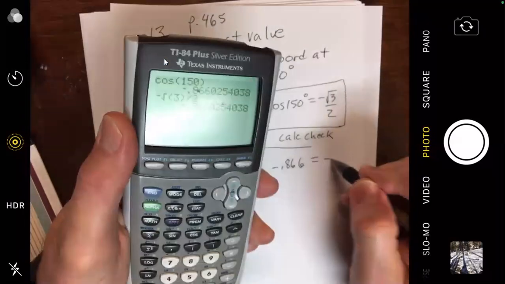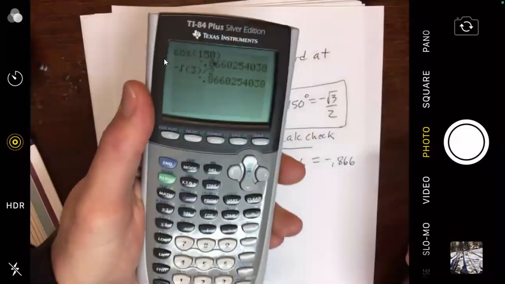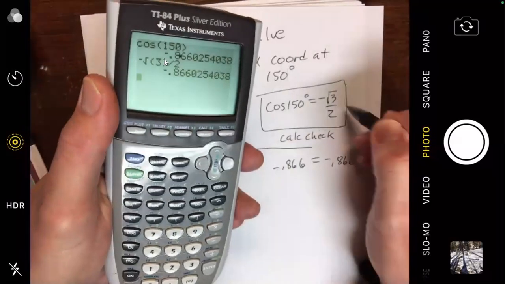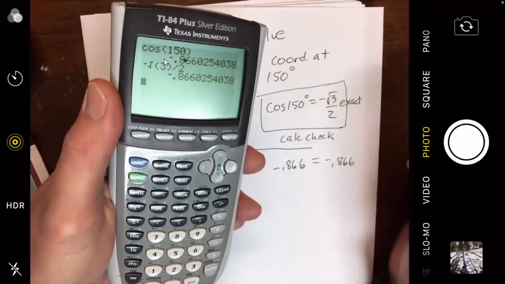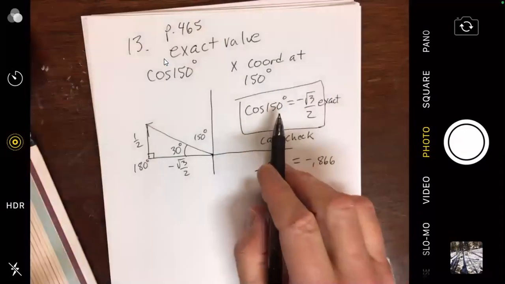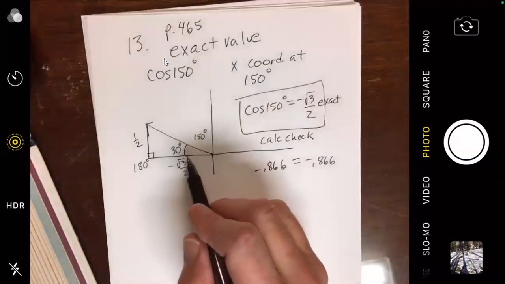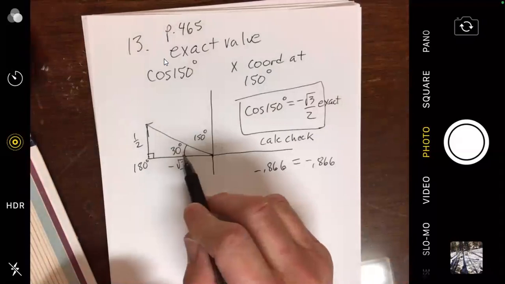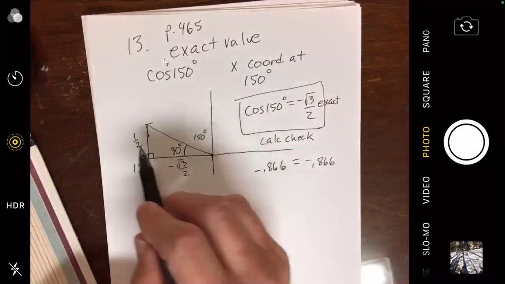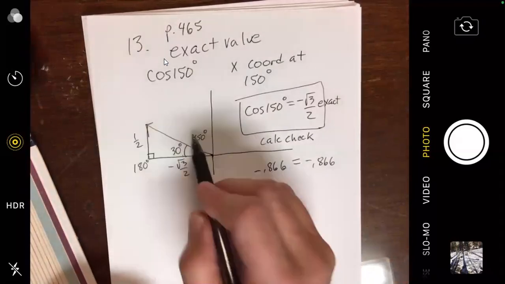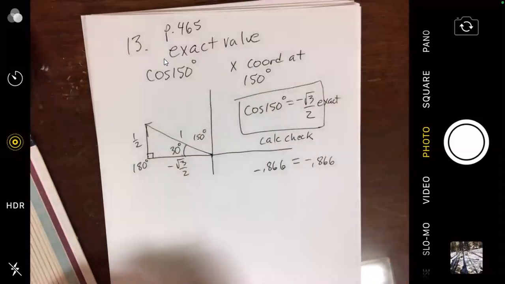There you are, negative 0.866. But this is exact. A lot of trig is they zero in on certain specific values. Remember, that's an x. They call it the first quadrant equivalent of 30 degrees. 30-degree angle, your y side is half your hypotenuse. Remember, hypotenuse is assumed to be 1.